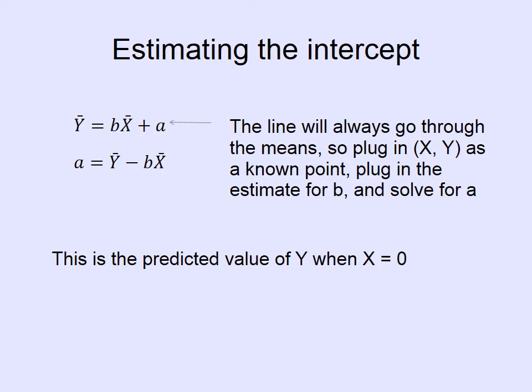Of course, our y-intercept a is the predicted value of y when x equals 0. We'll work through an example here, the example in the book with the proportion black in the lions' noses and age.